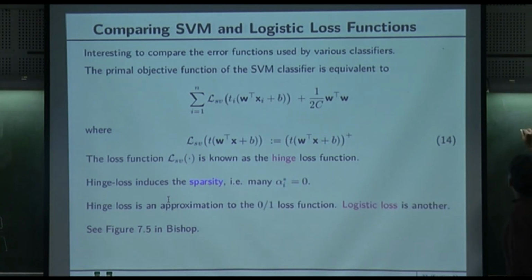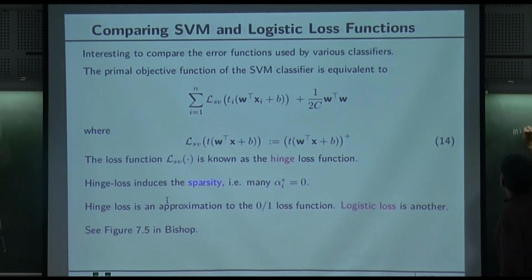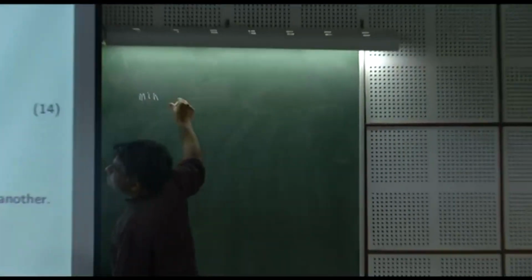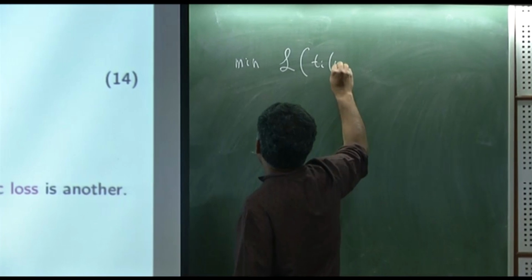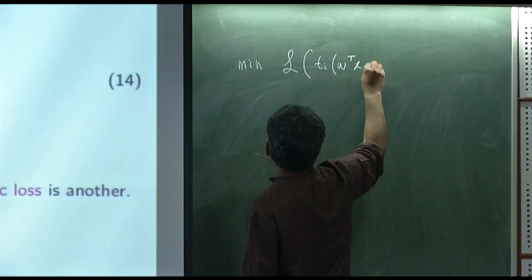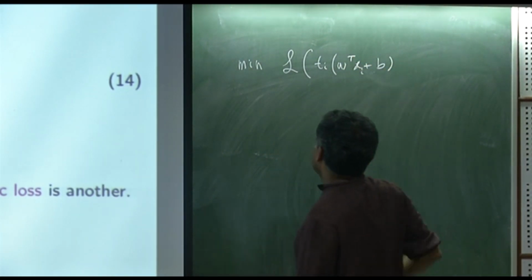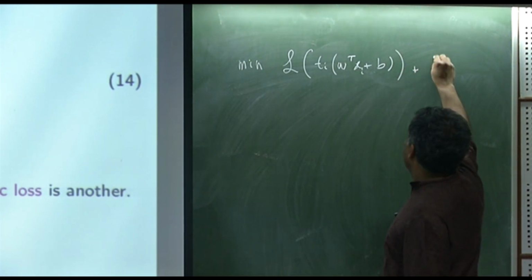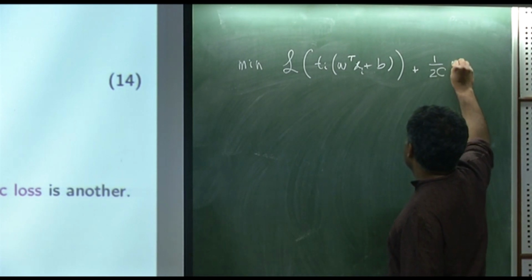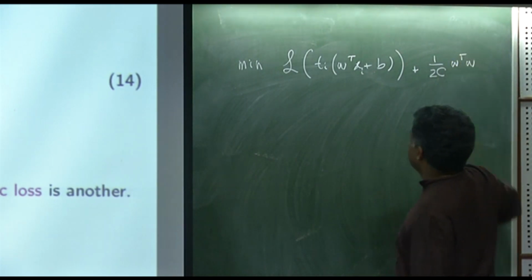I want to minimize a loss function that depends on Ti (W transpose Xi plus B), that's the loss of that data point, plus a regularizer, 1 over 2C W transpose W.